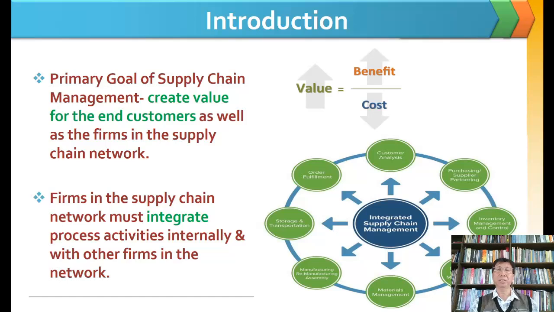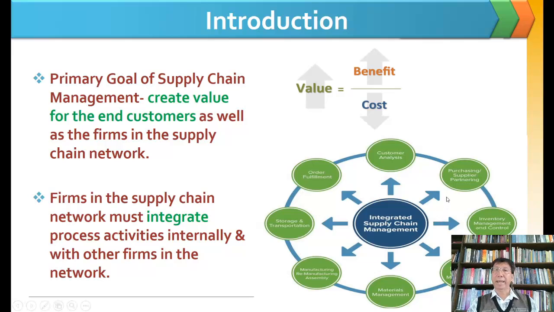To achieve this goal, a firm must deliver the product with high benefit and with low cost. On the other side, the firm in the supply chain network must integrate the process activities both internally and also externally.